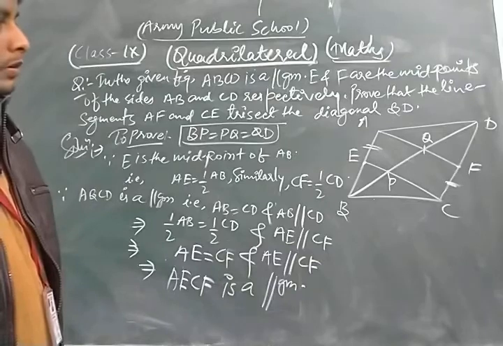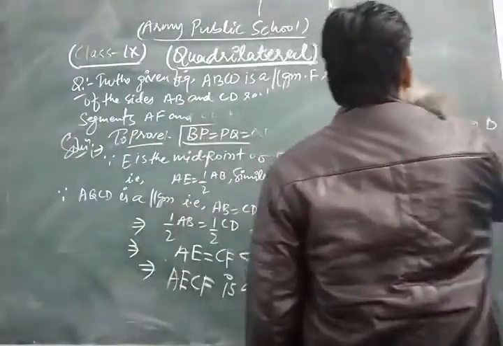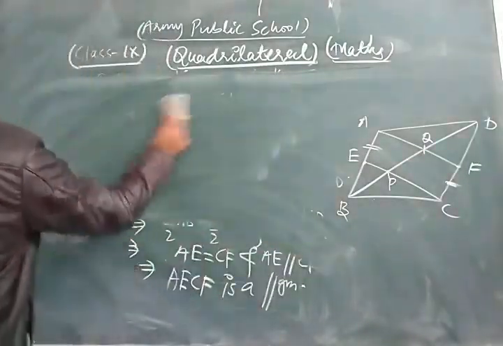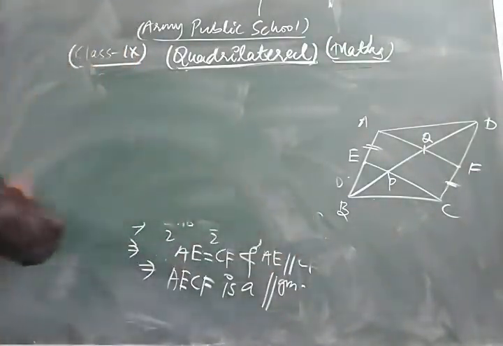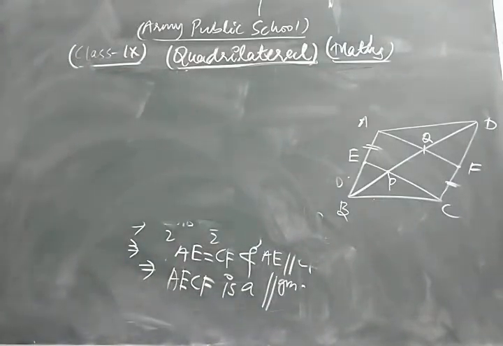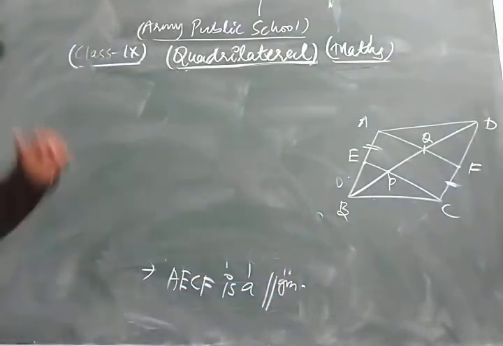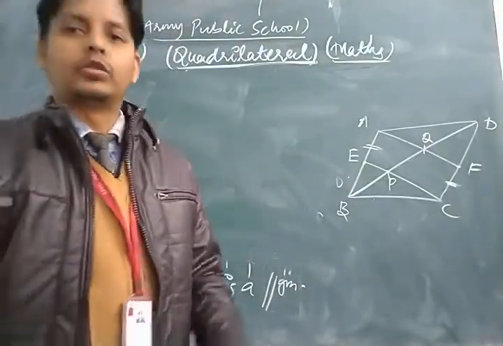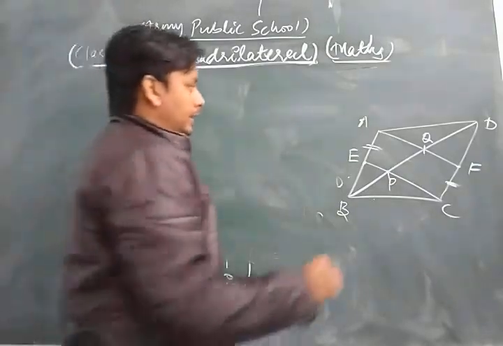Now look, AECF is a parallelogram. This implies that AF is parallel to EC.